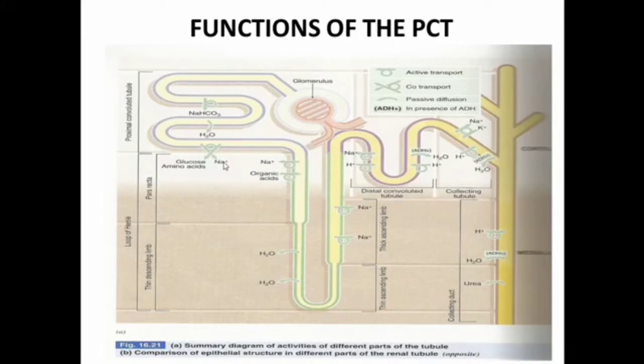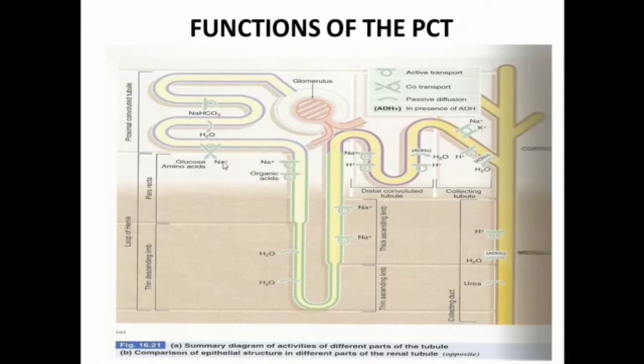Okay, now coming toward the secretory function. Not only absorption, but some secretion is also added by these cells into the glomerular filtrate. From where are these secretions coming? These are coming from the blood, from the peritubular capillaries into the interstitium, then into the cells, and then into the glomerular filtrate.